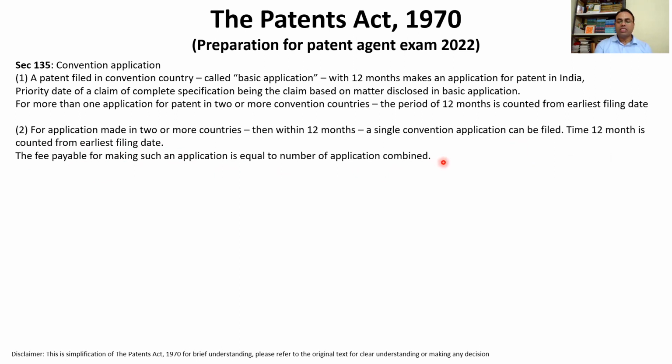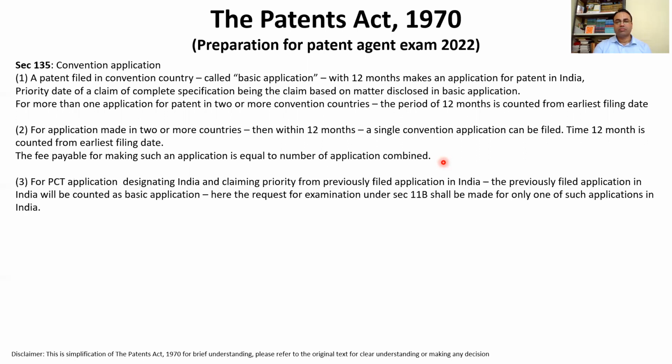If you pay some fee for one application in India, and you combine 2 applications into one patent, then you need to pay double fees. It is equivalent to filing 2 patents, because you are combining both and filing a single convention application in India, but you will have to pay the double fee.